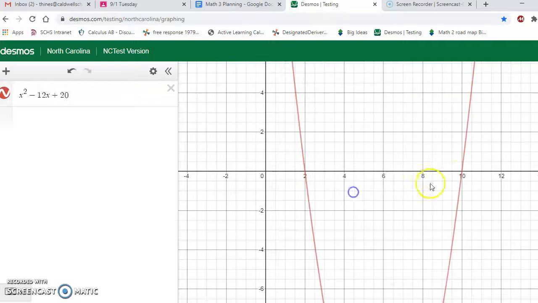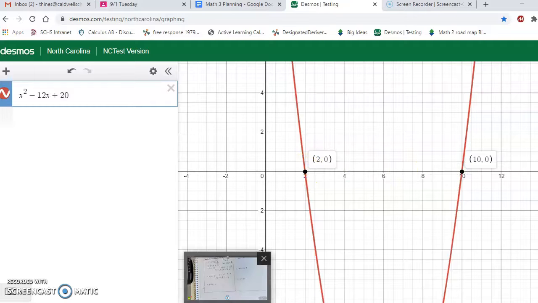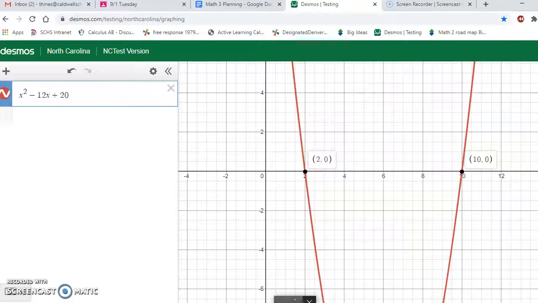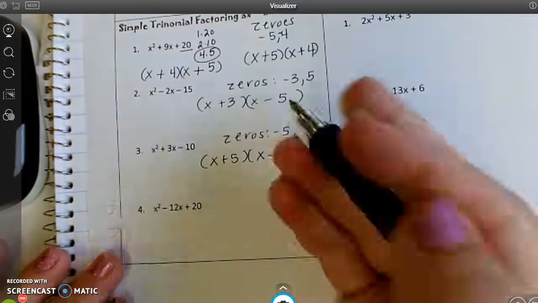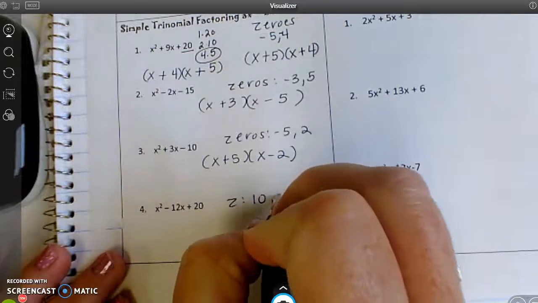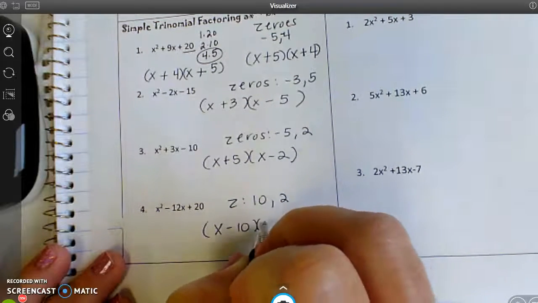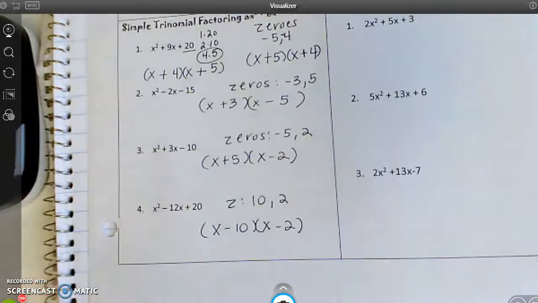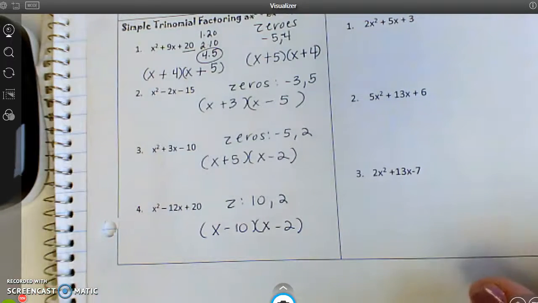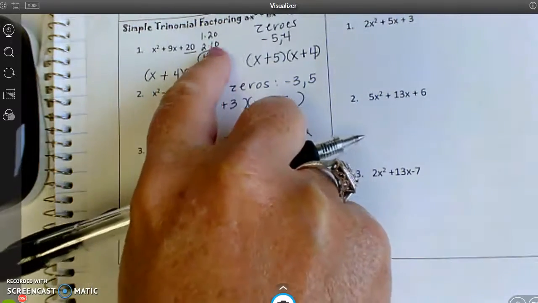Scoot this over just a tad. All right, we've got 10 and 2. So we would have x minus 10, x minus 2. And that's just the easier way to find it instead of having to think about the factors and trying to get the middle.